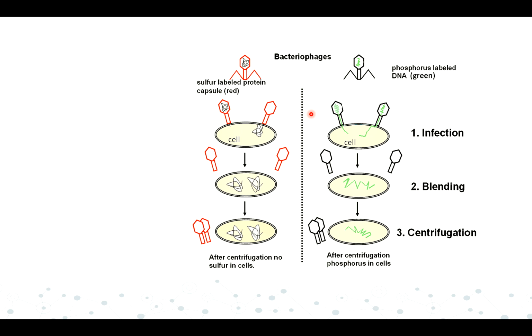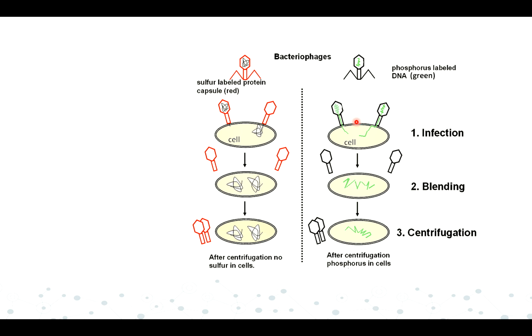Of course we know now that protein is not a genetic material, so protein is not going to the next generation. But if you have radioactively labeled the DNA and DNA is acting as a genetic material, of course it will go to the next generation, right? Because in the culture you will grow the bacteria, and once the bacteria grow, you will find the same genetic setup is going to the next generation.